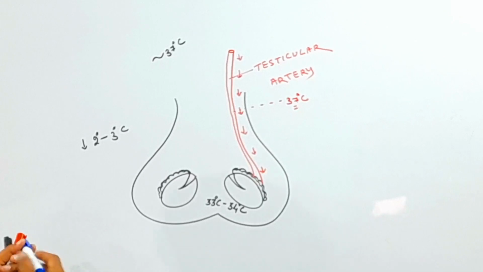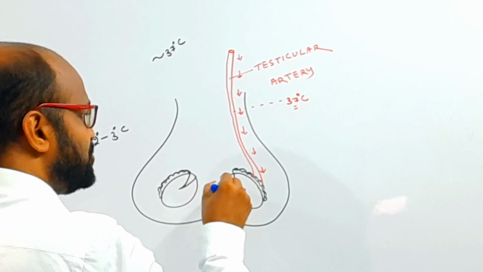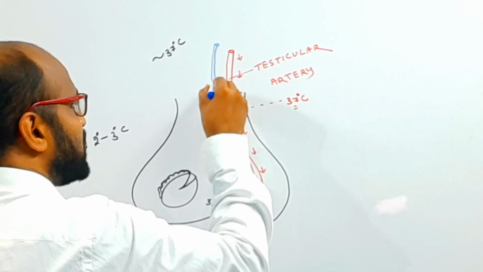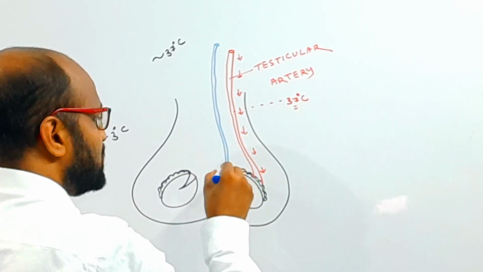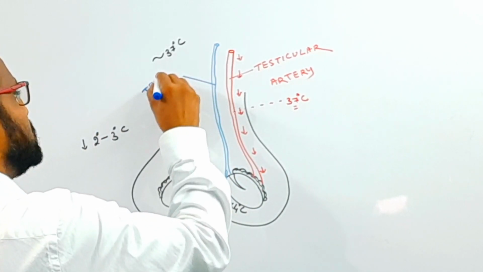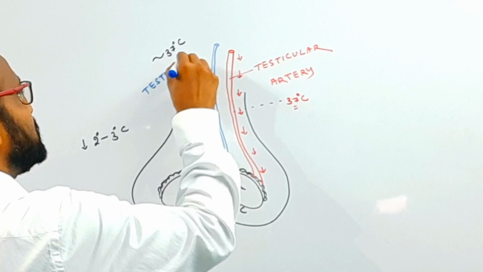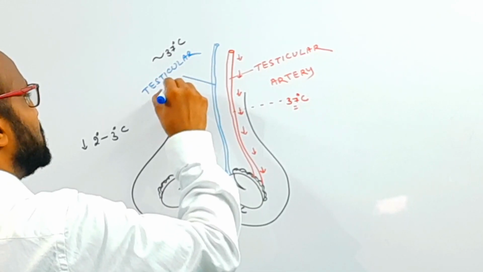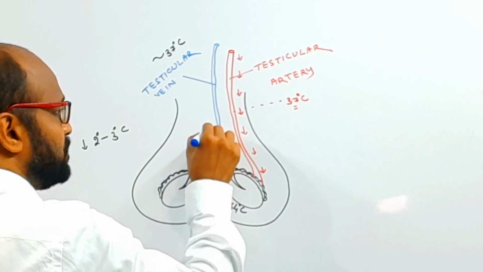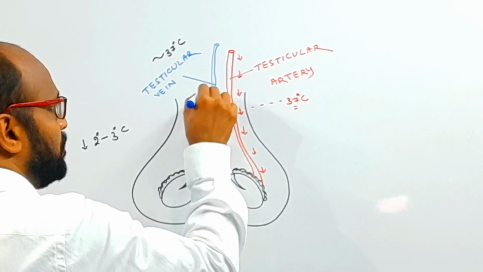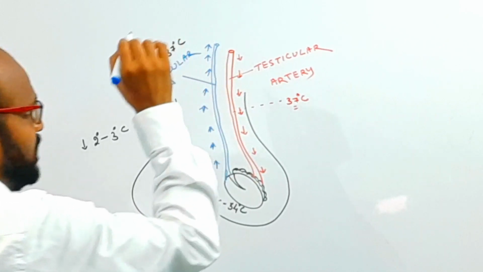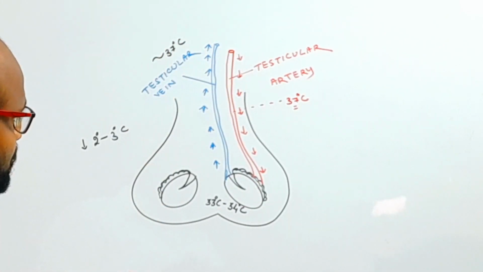And the venous blood is the blood that returns to the body through the testicular vein. Suppose this is the testicular vein. The testicular vein carries the blood from the testis to the body and opens into the inferior vena cava inside the abdomen.